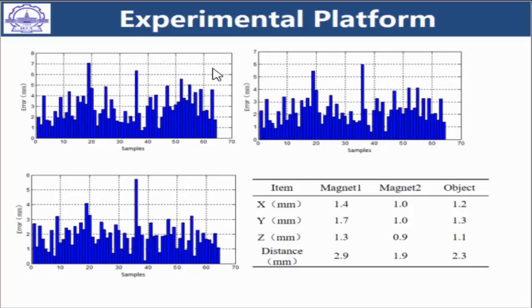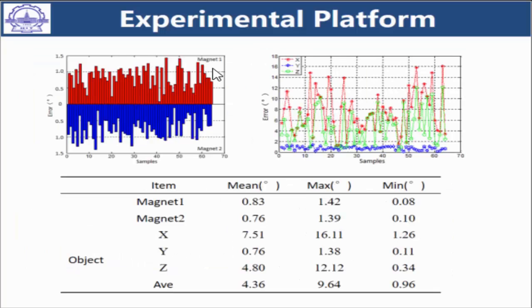So here is the position error of the final target after we have a 16-fold test. So here is the position error and orientation error of each magnet, and the final orientation error of the target.